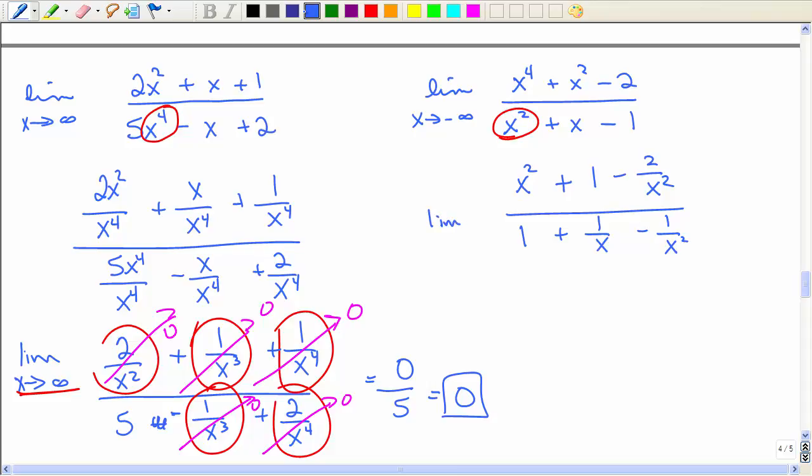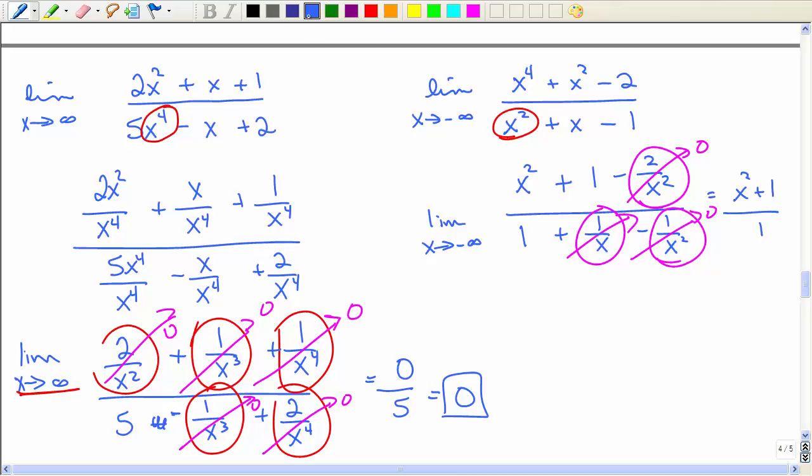So I want the limit as x approaches negative infinity. So I take all the fractions. All of those are going to go to 0. But look at what I have left. I now have x squared plus 1 over 1. I still have to take the limit as x approaches negative infinity, and I still have an x.